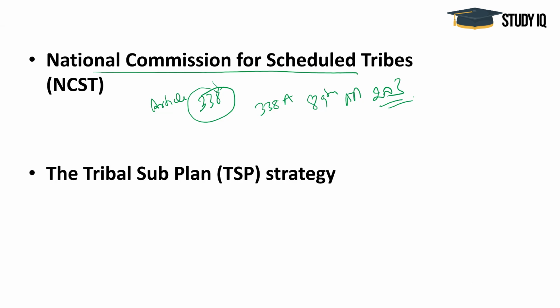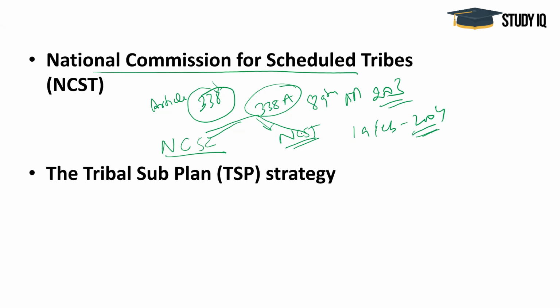By this amendment, the erstwhile National Commission for Scheduled Castes and Scheduled Tribes was replaced by two separate commissions, namely the National Commission for Scheduled Castes, that is NCSC, and the National Commission for Scheduled Tribes, that is NCST. This is important, and it has been working from 19th February 2004. So earlier there was a combined commission for both SCs and STs, and later on, by amendment, it was bifurcated into two parts.